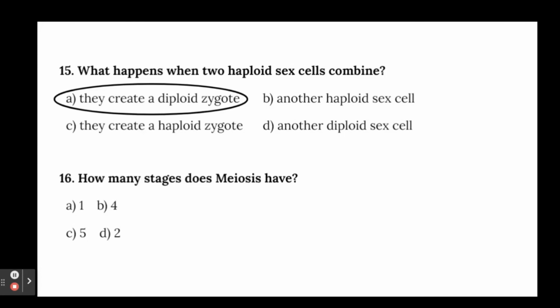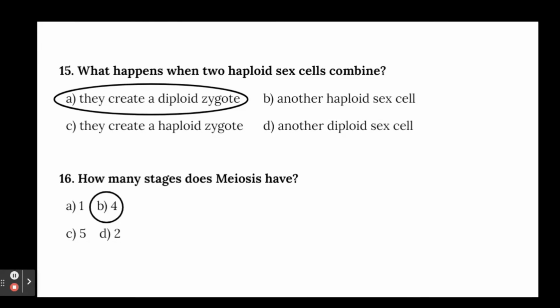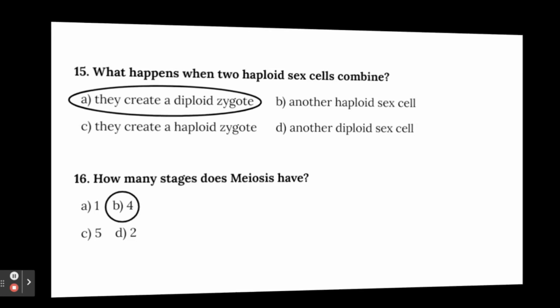Number 16, how many stages does meiosis have? It's more complex than mitosis, so that's a hint. It has 4 stages actually. These are the phases that I said you don't need to know. It was prophase, metaphase, anaphase, telophase. It's fine if you don't know what those are.